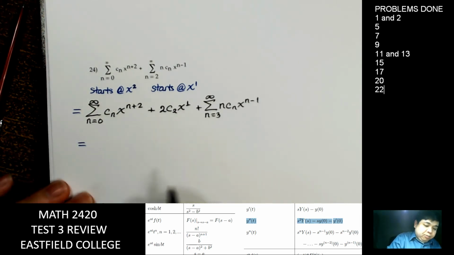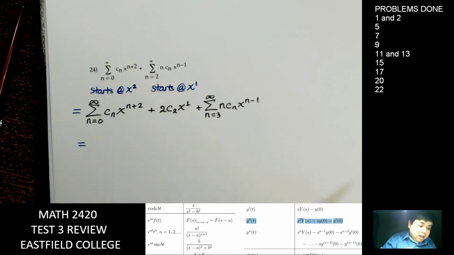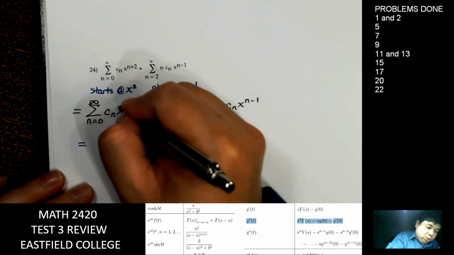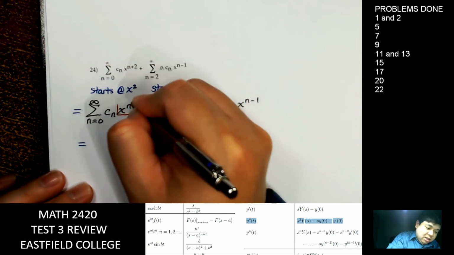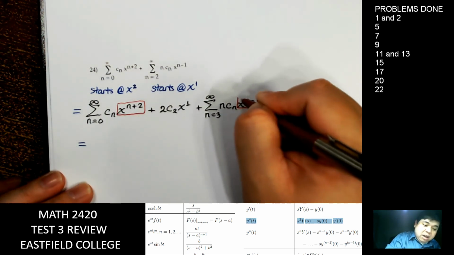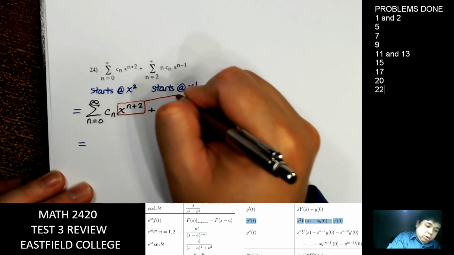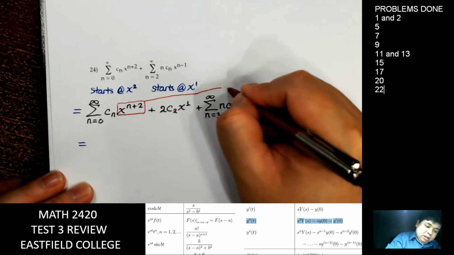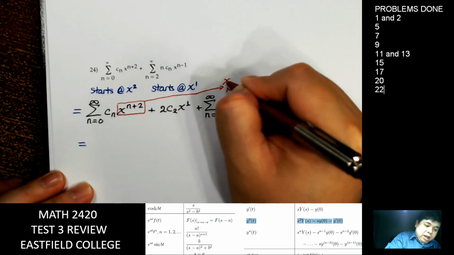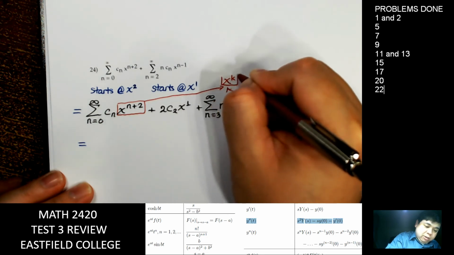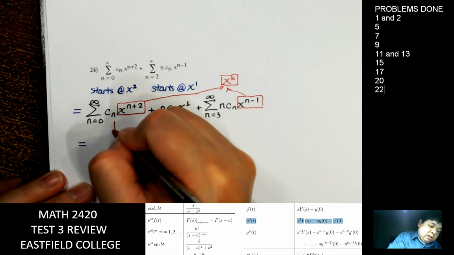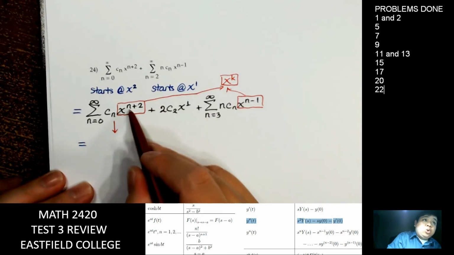Right, next. What we want next is we want both of these to the same power. So we match this and this must have the same power. So let's match that to x to the k power. Because of that, k will be equal to n plus 2.